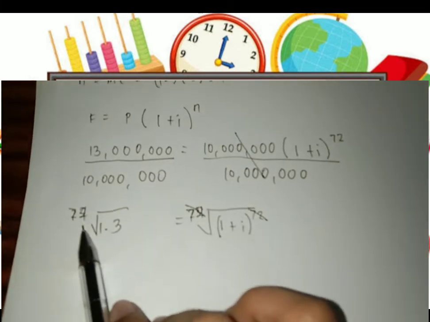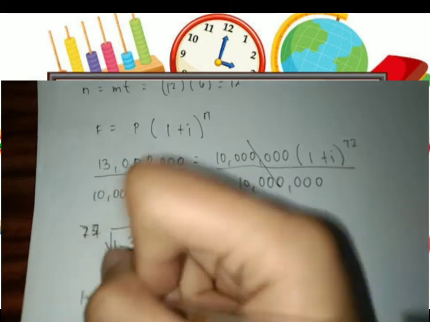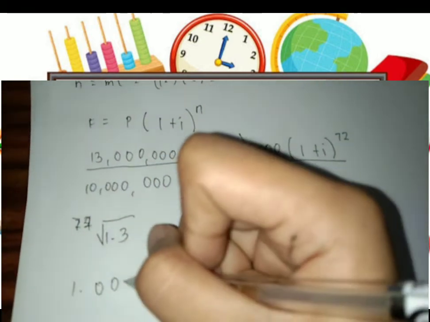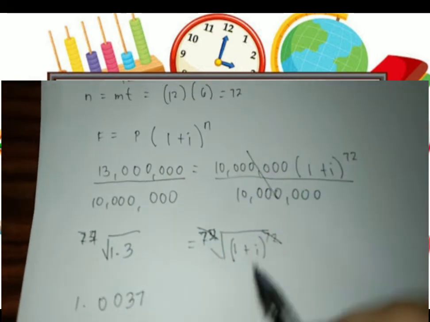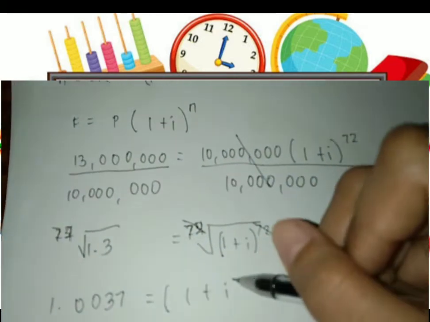The answer here is 1.0037, which is equal to quantity 1 plus i.